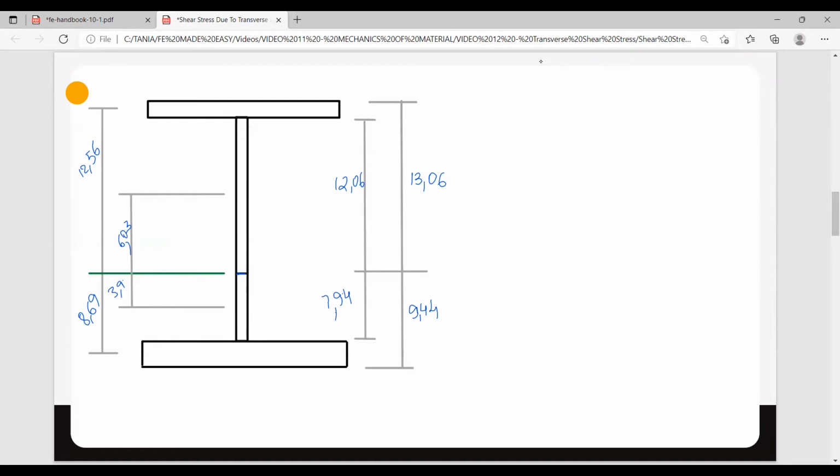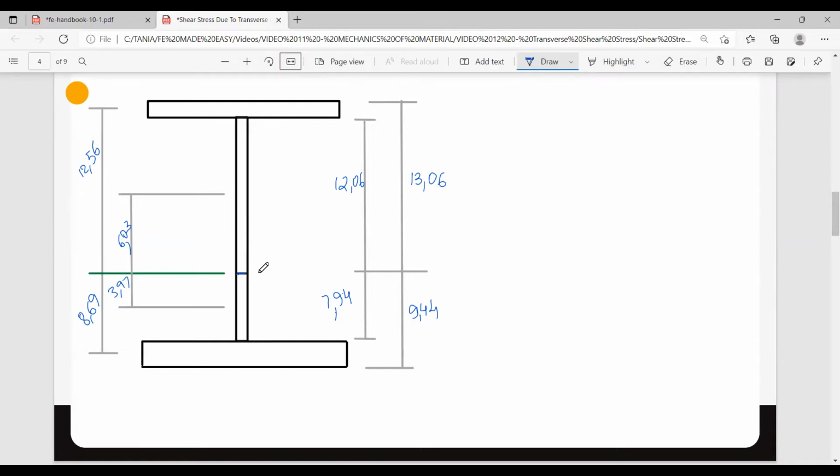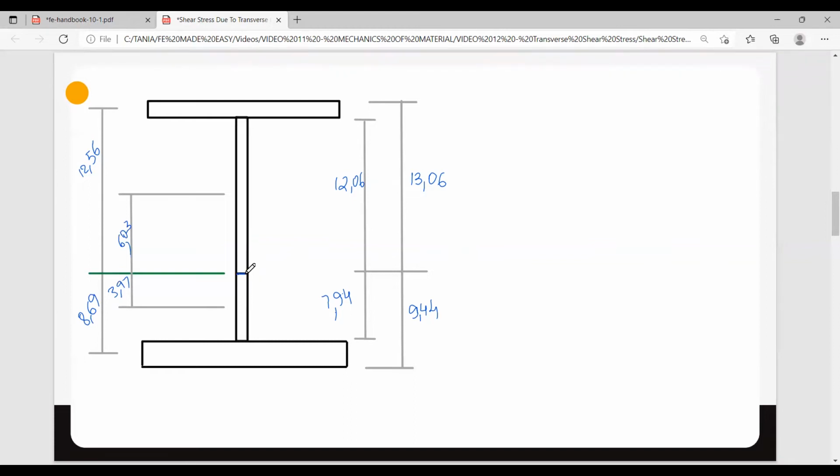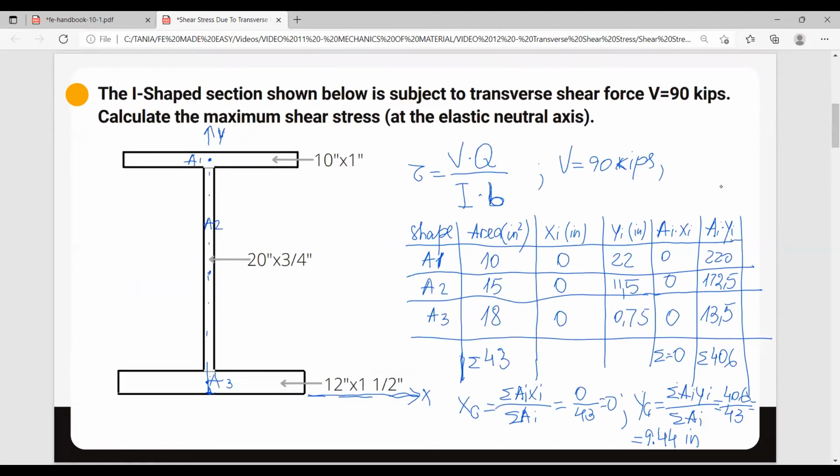Now that we know that, we can move forward and do our calculations. Since we have calculated the elastic neutral axis and we know its location, our B from the formula equals 0.75, this dimension here. So we have found that B equals 0.75.